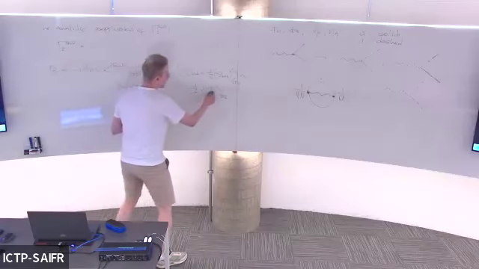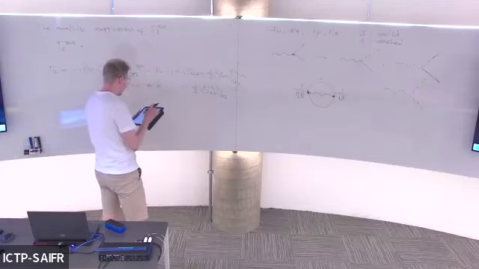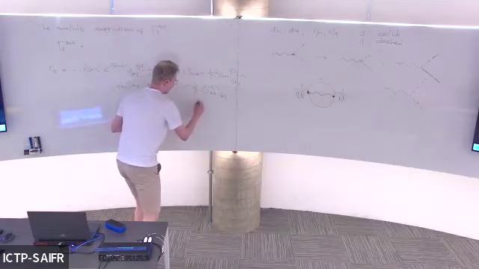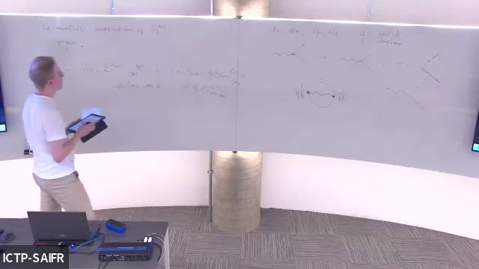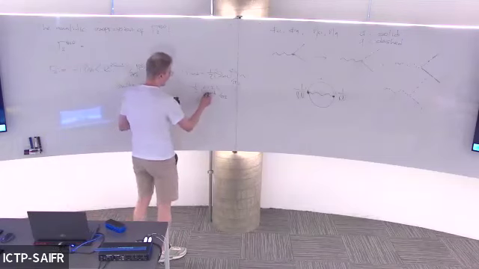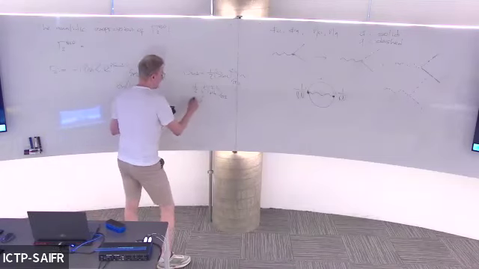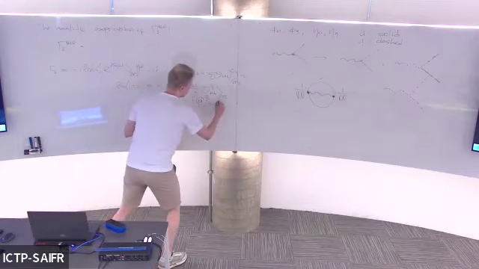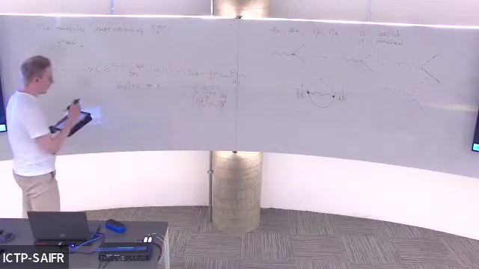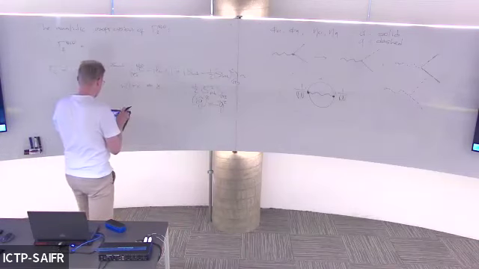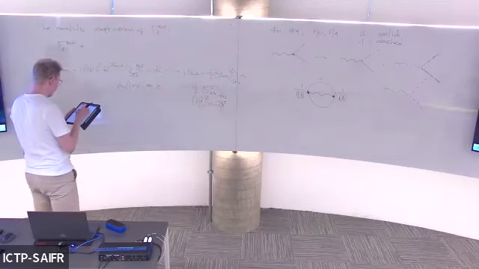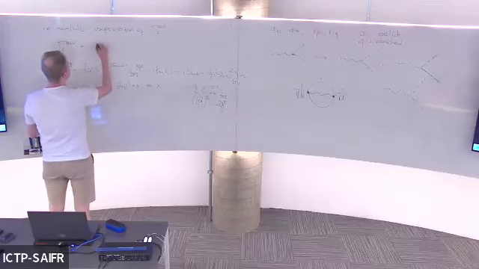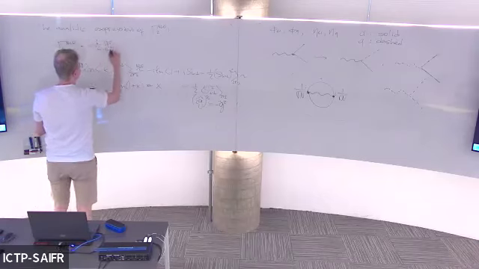Now remember, our interactions came with i's, imaginary units. So we would have something like i g tilde squared, which is minus g squared. So all this adds to the following prefactor: minus i half g tilde squared.